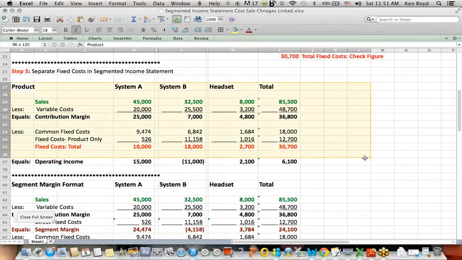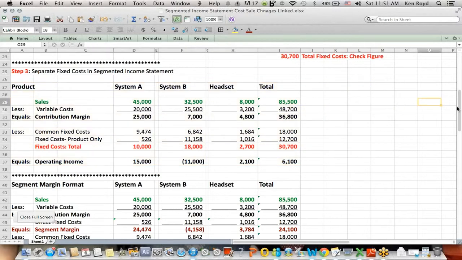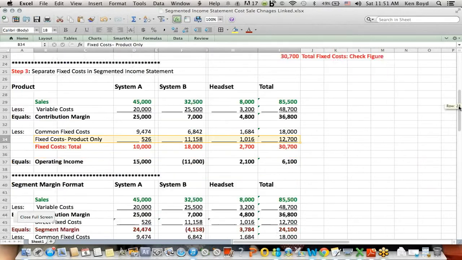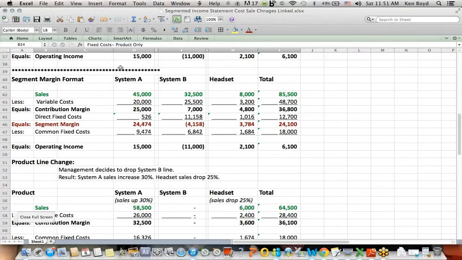So then I set up this format of an income statement based on the data I had put together up here. You'll see here's common fixed costs, and here are those direct fixed costs. Then I put it in a segment margin format, which means we have sales less variable costs gives you contribution margin for System A. But then we subtract the direct fixed costs that only relate to System A, product line, and we get a number called segment margin.